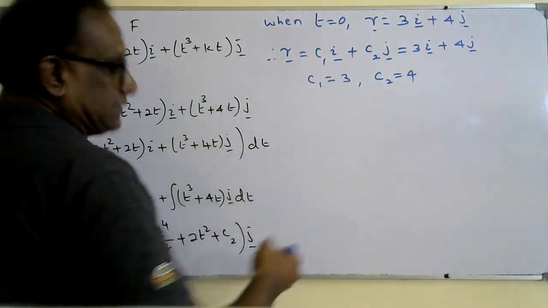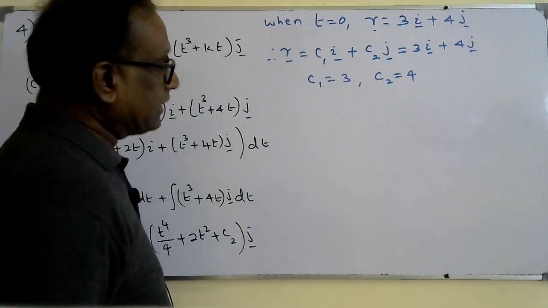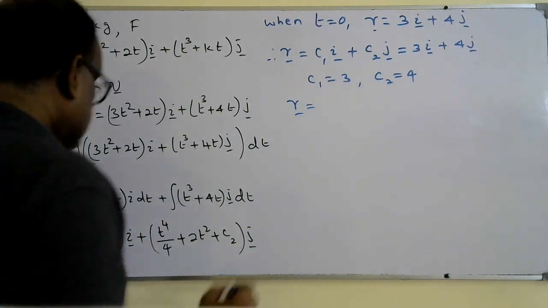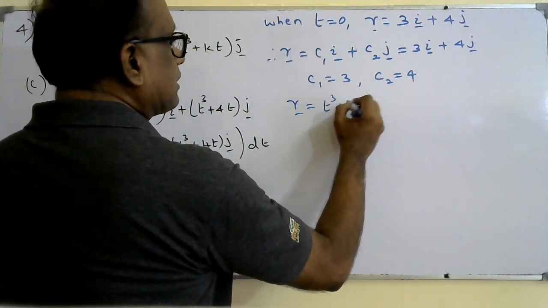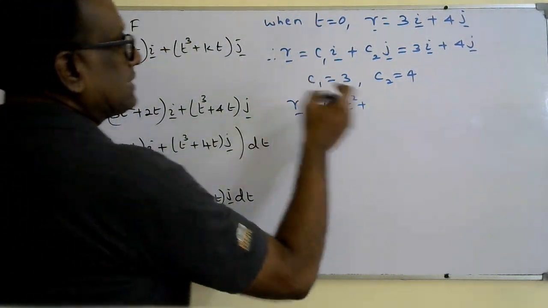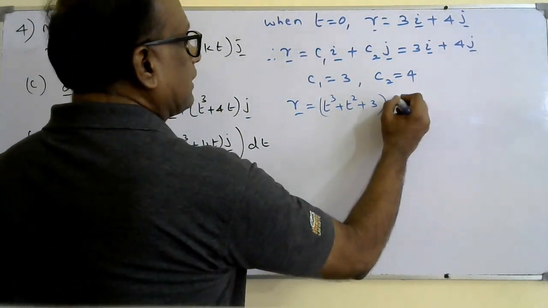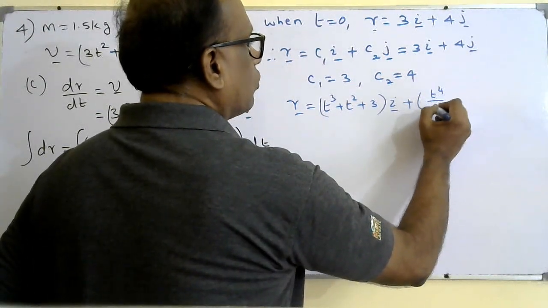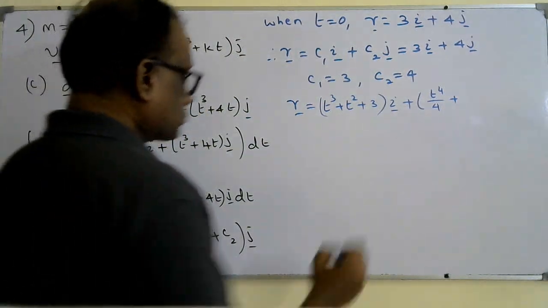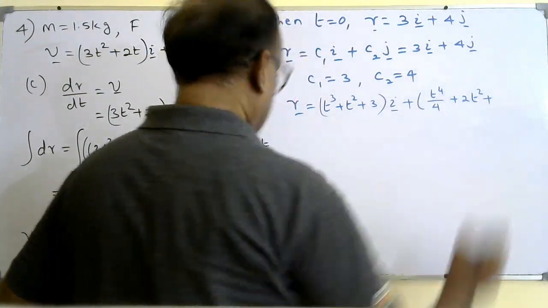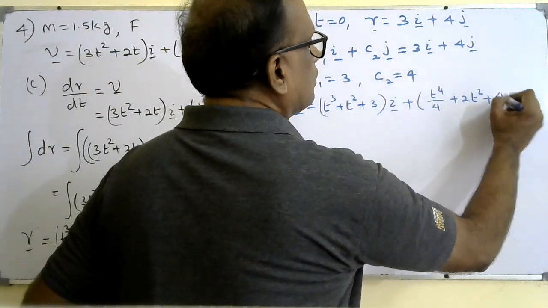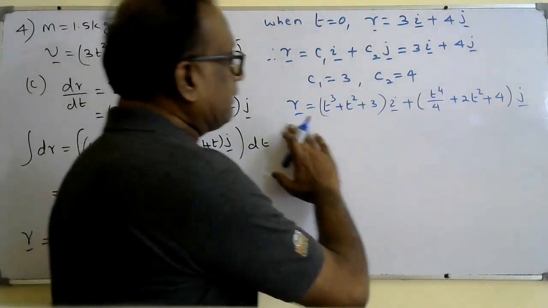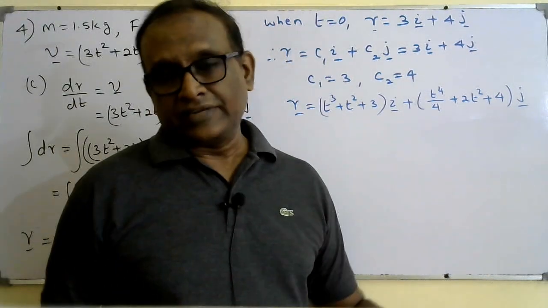So the general position vector, time dependent position vector, is given by r is equal to (t cubed plus t squared plus c1, c1 is 3) i plus (t to the power 4 over 4 plus 2t squared plus c2, 4) j. So this is the time dependent position vector. By using this, I can find the position vector at any time.